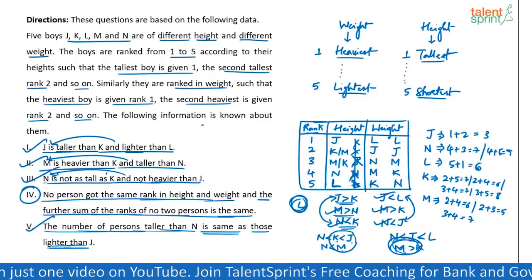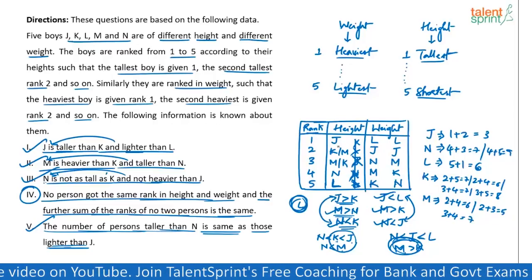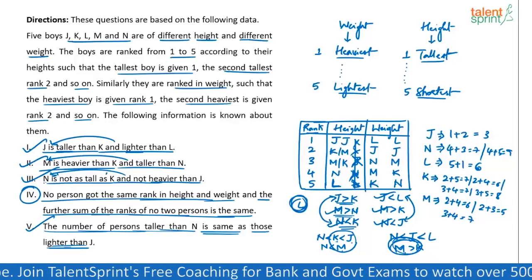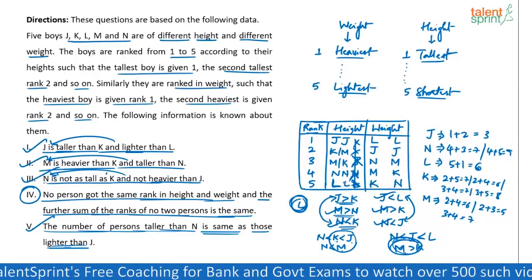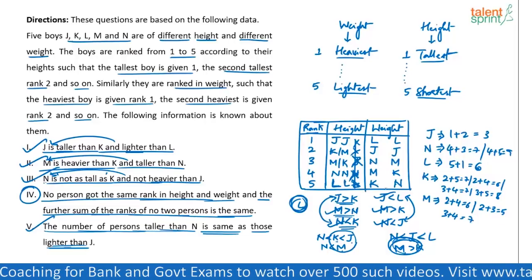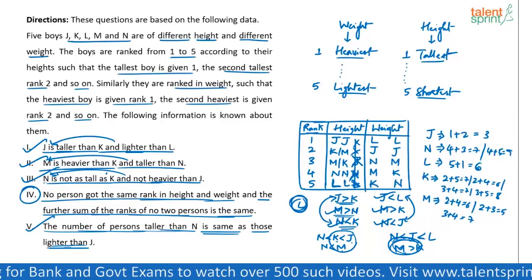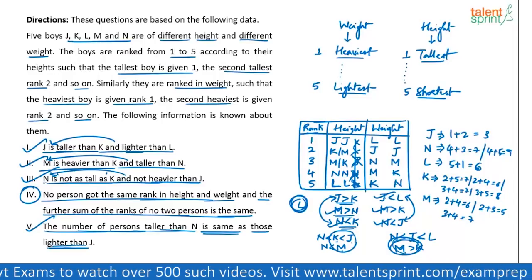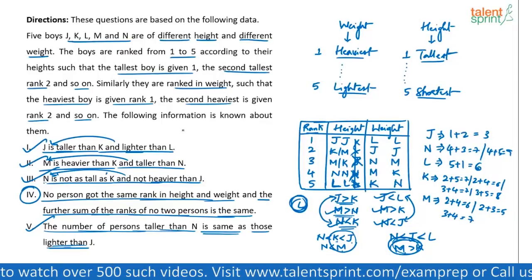But let me make it very simple. You understand what are the 4 possible cases? In terms of heights also, there are 2 possibilities, right? J is anyway fixed as number 1, N, L are fixed as 4 and 5. So you see, 1 with 1, 1 with 2, 2 with 1, 2 with 2. These are the 4 possible combinations. So let's try all the 4 combinations and we'll be able to eliminate easily.